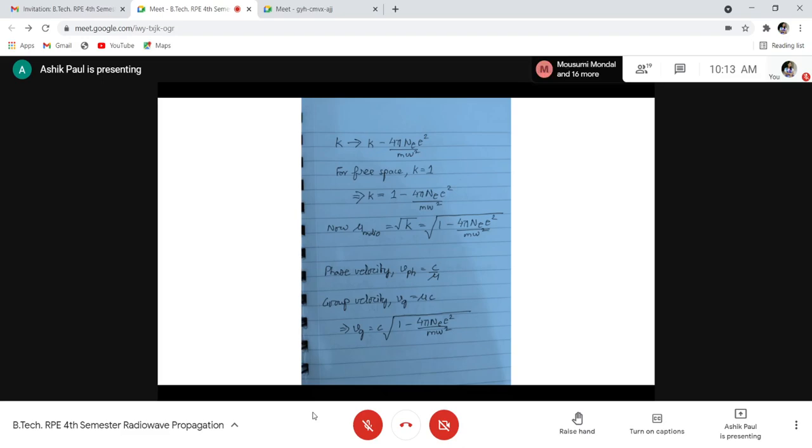Okay, so we are gradually heading in the direction of understanding what is the requirement for reflection of a radio wave from the ionized layer.